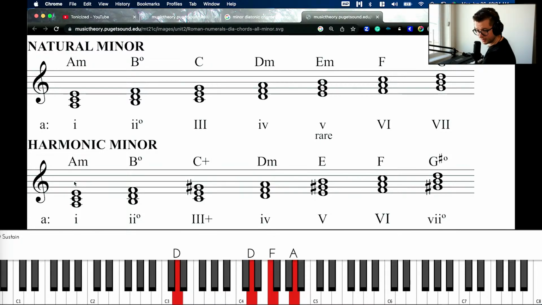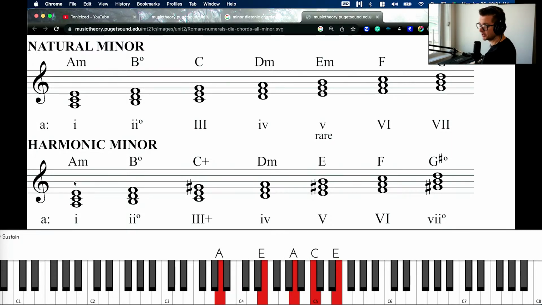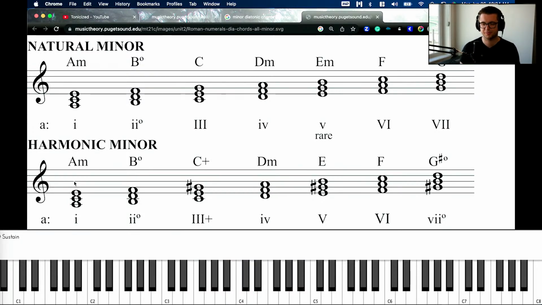C augmented, D minor, G sharp diminished, A minor, and then very cool. Now this is the harmonic minor, that is a very rare chord with that 3 augmented, but it is a cool chord to try and use all the same.